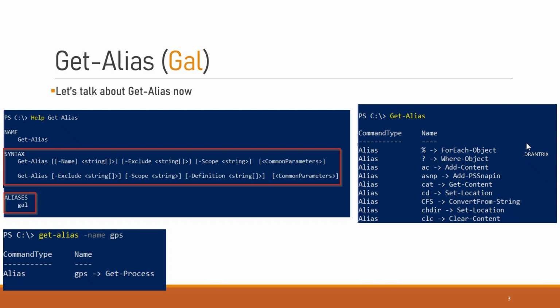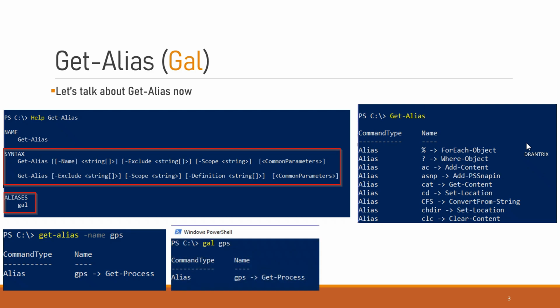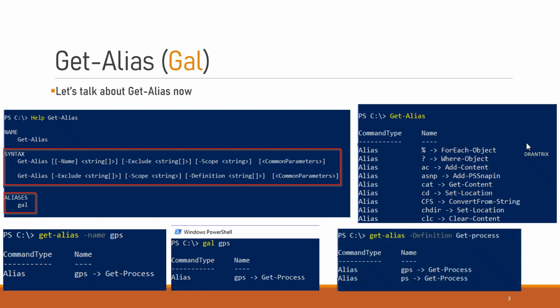What you will have in your mind is, you know the commandlet, but you don't know the alias name which was assigned to it. So in order to find the alias name for a particular commandlet, you can use Get-Alias -Definition, and the input for the Definition parameter will be the commandlet that you want to find the alias for.